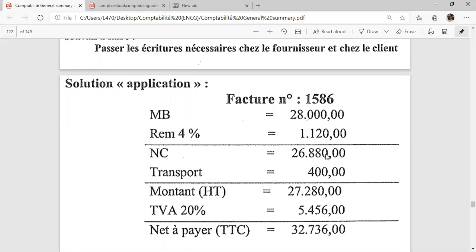So you just need to add the two to give you 27,280. Transport is a majoration, I repeat. So you add it. And what you are going to have is le montant HT. This HT stands for hors taxe. It means we haven't yet added the TVA, any sort of TVA.